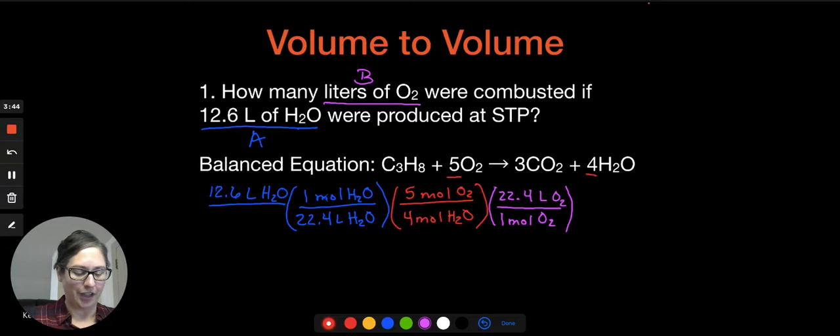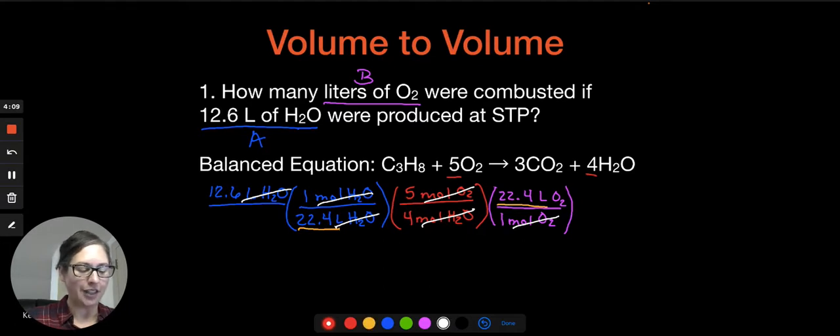First, I double check that my liters of H2O cancel, my moles of H2O cancel, my moles of O2 cancel, and I'm left with liters of O2, which is what I wanted to know. We also have 22.4 liters and 22.4 liters, which can cancel as well.